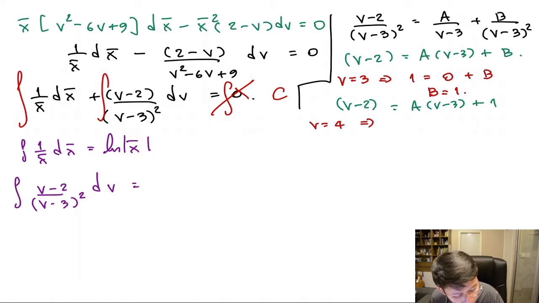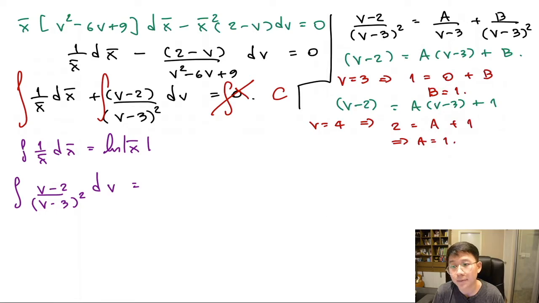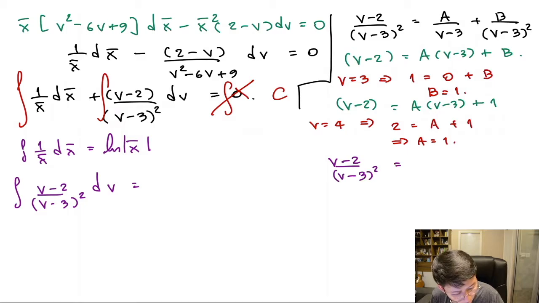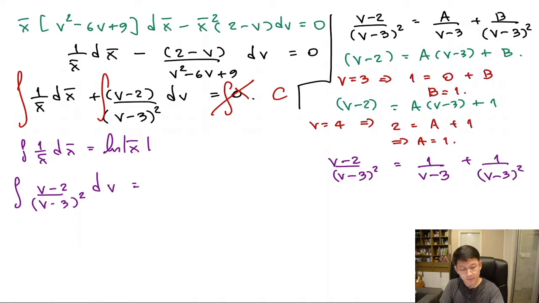So it's going to be 2 equals a plus 1, which means that a is 1 as well. Okay? So if a is 1 as well, it means that we can write v minus 2 over v minus 3 squared as 1 divided by v minus 3 plus 1 over v minus 3 squared.